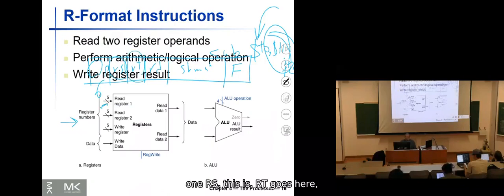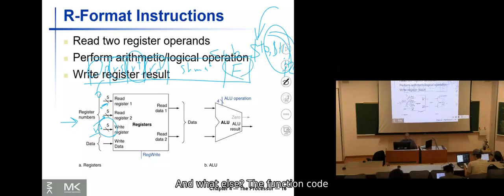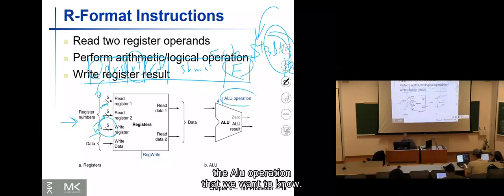RT goes here, the 5 bits go here, and RD is the write register, so RD goes here. And what else? The function code and opcode determine the ALU operation that we want. Is it add, subtract, or anything? Yes? Is that done by the controller? Yes, of course.